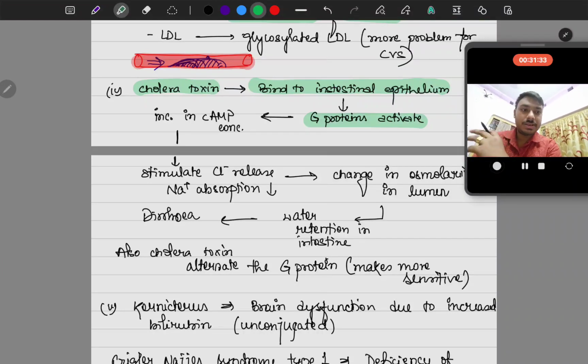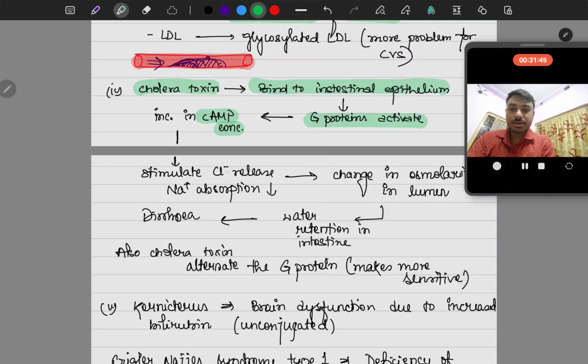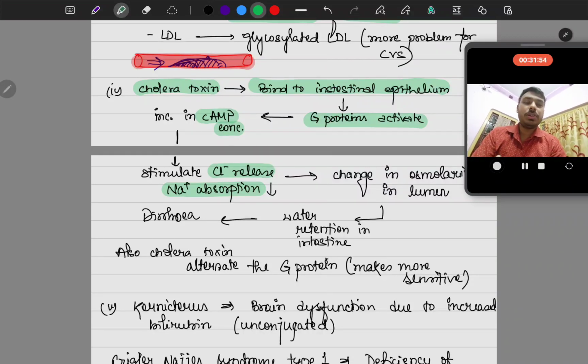The activated G proteins increase the cAMP, cyclic adenosine monophosphate concentration, and this increased cAMP leads to stimulation of chlorine release and decreased sodium absorption. Means chlorine channels get opened towards the lumen side and more chlorine is released, and the sodium channels get blocked.